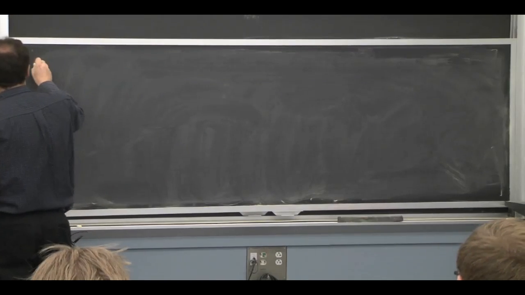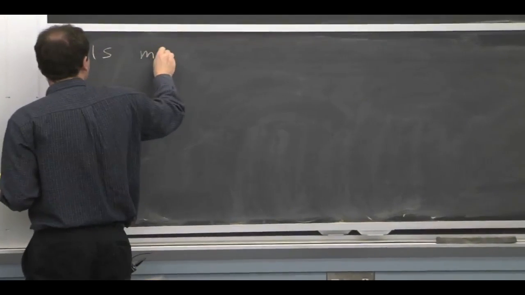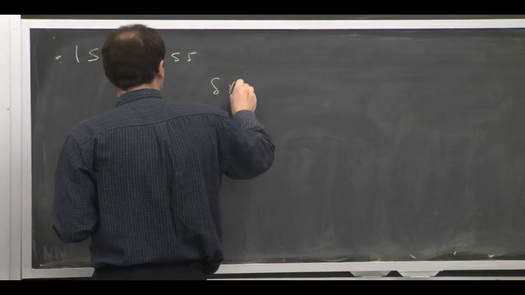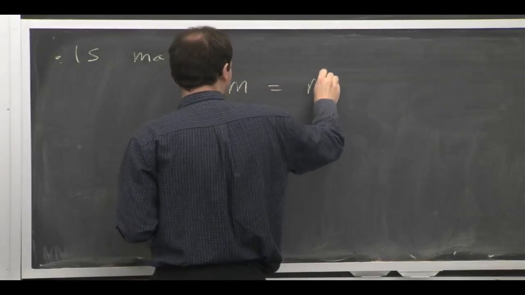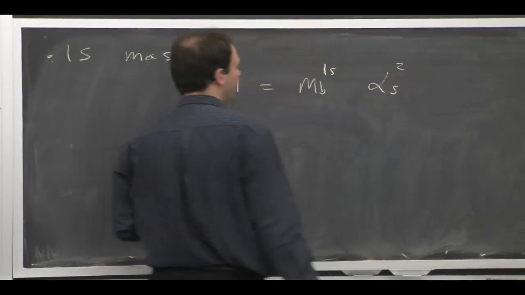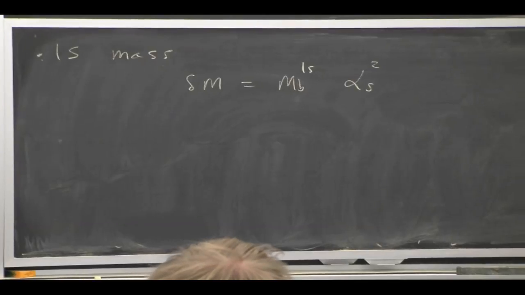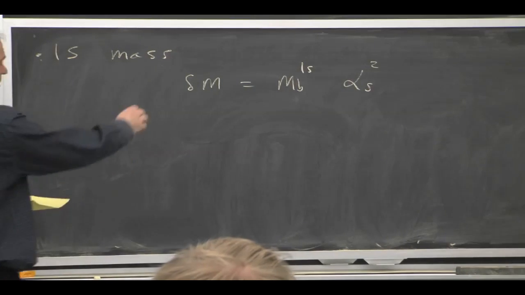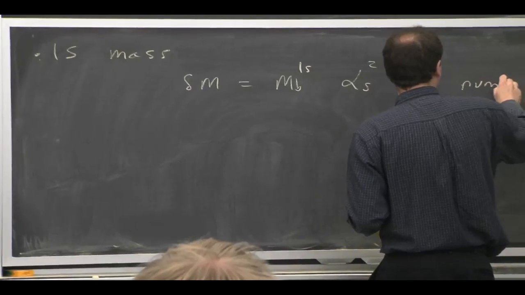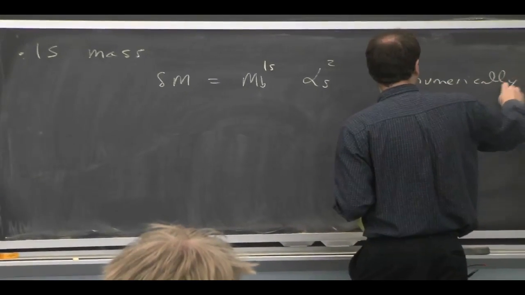So what about this 1s mass? Here, it turns out that if you calculate delta m, in the same way that you think about corrections to hydrogen being order alpha squared, you get MB1s alpha squared. And numerically, that's small enough when you put the coefficient in.